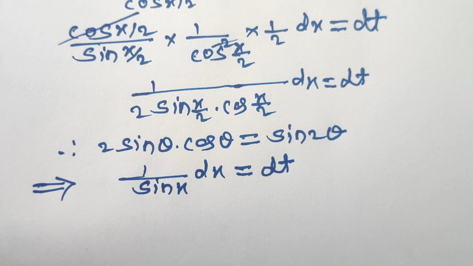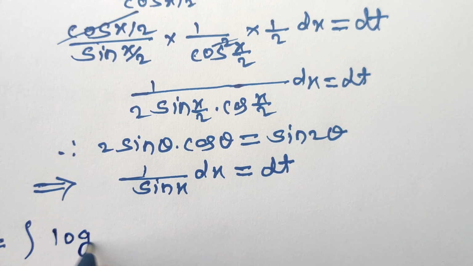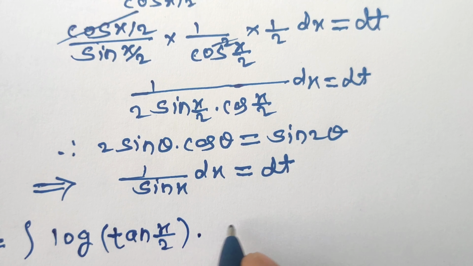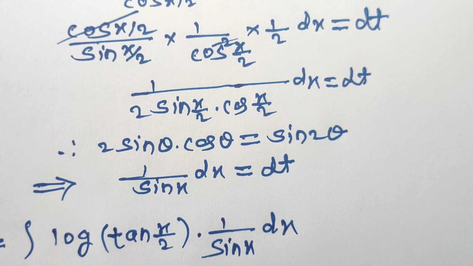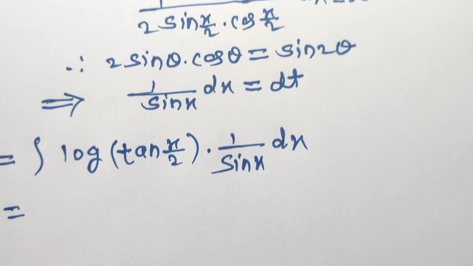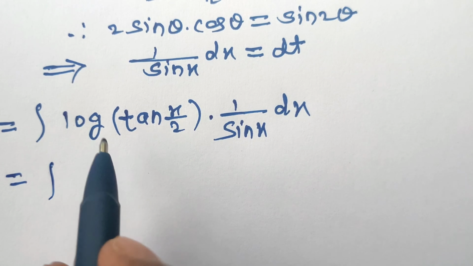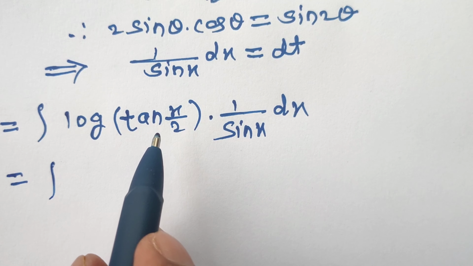So, rewriting the given integral, I is equal to the integral of logarithm of tan of x upon 2 into 1 upon sin x dx. This is equal to the integral of logarithm of tan of x upon 2, which is t.